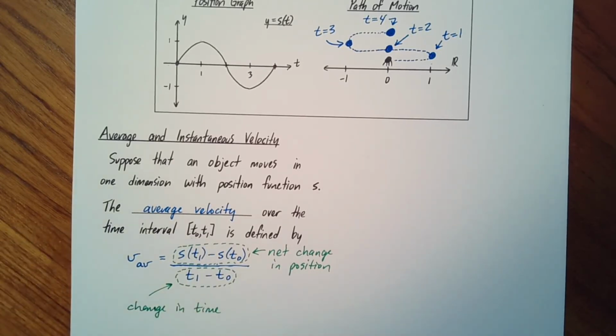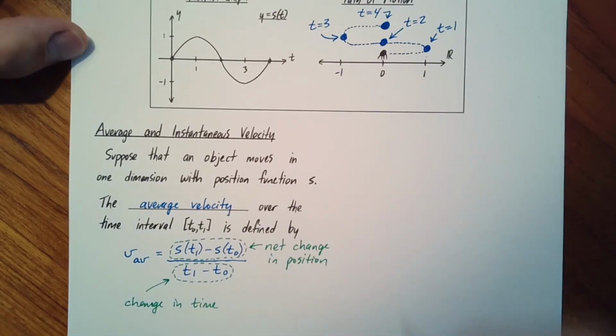The reason I want to highlight that is because this should be a familiar formula if you took any physics course in high school. A lot of times you'll talk about the average velocity as a change in position over a change in time, or sometimes change in displacement divided by change in time. This is really nothing different. This is the exact same thing.